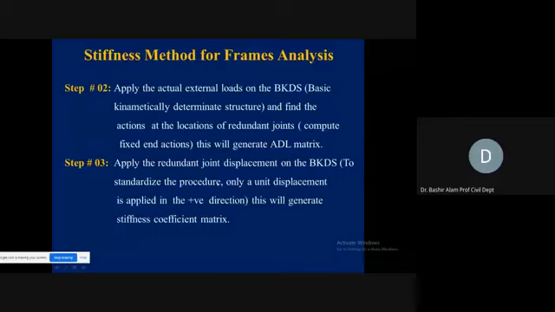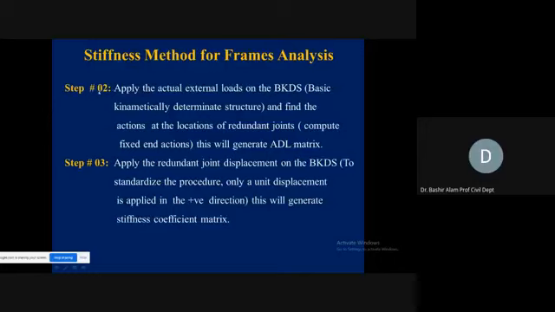In the positive direction, we say clockwise, let's say rotation is going to be positive, and similarly the corresponding clockwise moments we also take as positive. So that is how our positive direction is defined. If you want to take counterclockwise as positive, that is your choice. Correspondingly, the counterclockwise moments will also become your positive actions. And this way we generate the stiffness coefficient matrix.